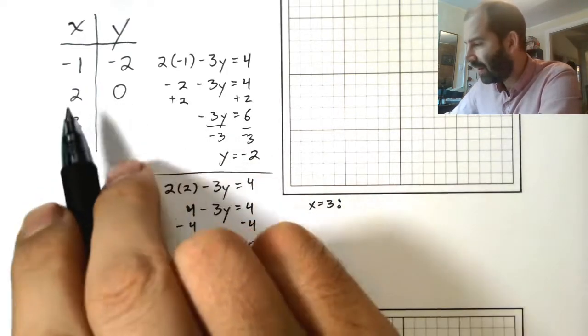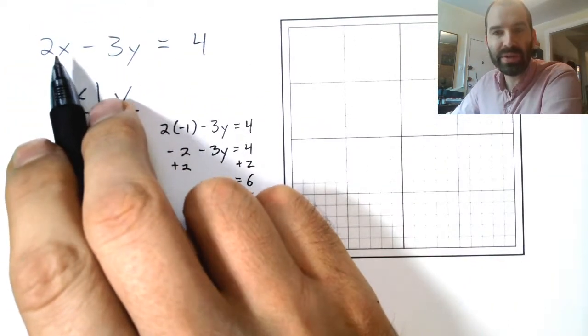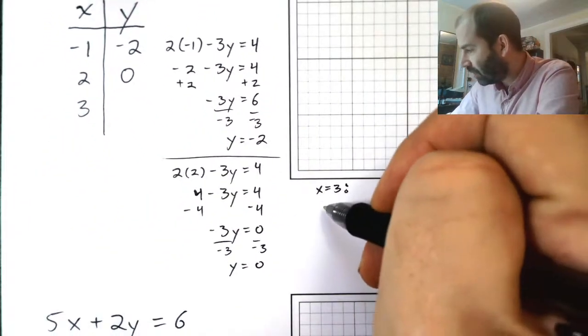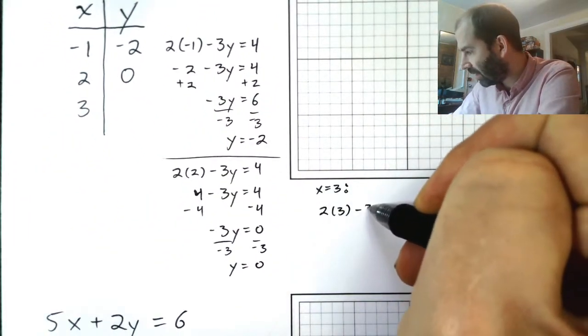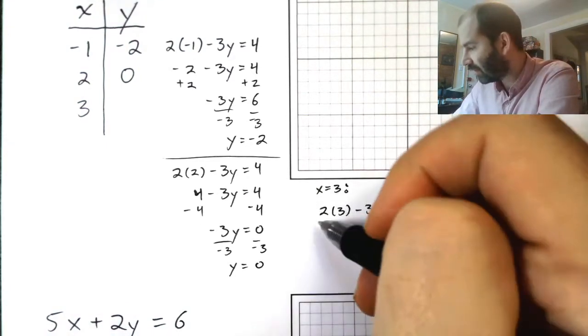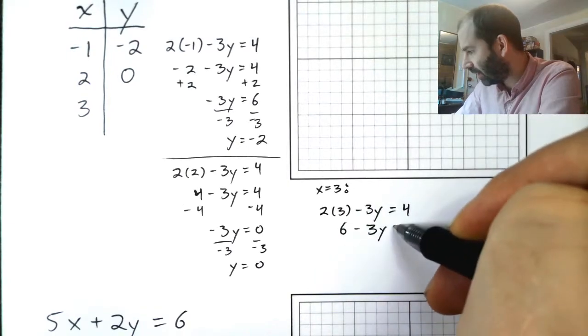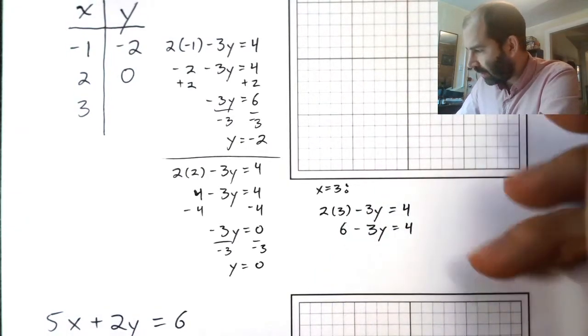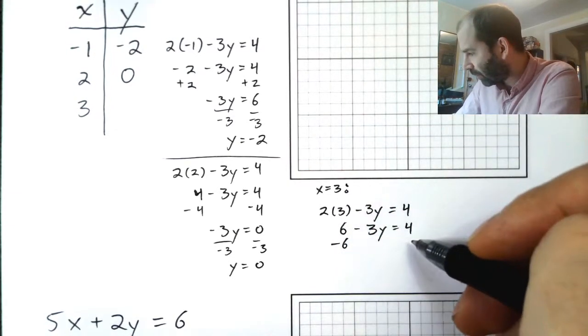Okay, welcome back. We're going to plug the 3 in place of the x. So I'm going to have 2 times 3 minus 3y equals 4. So this is 6 minus 3y equals 4. Subtract the 6 from both sides.